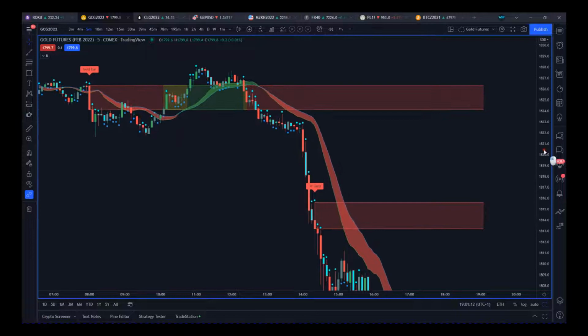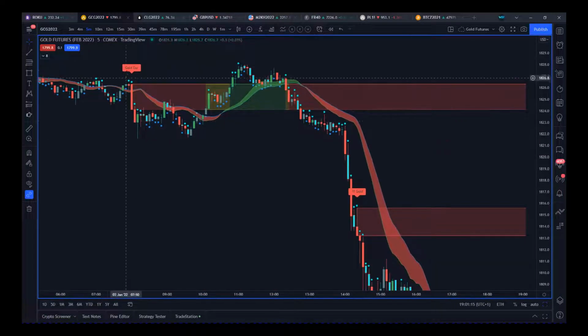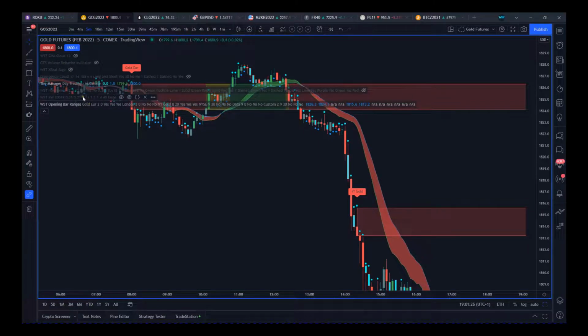Let's talk about how you would use the manager in this case. So when we get the gold pit open, we're red label, only looking for the shorts. Go short here, and we use the manager. Now on the manager here, we've got it set on day trading moderate.